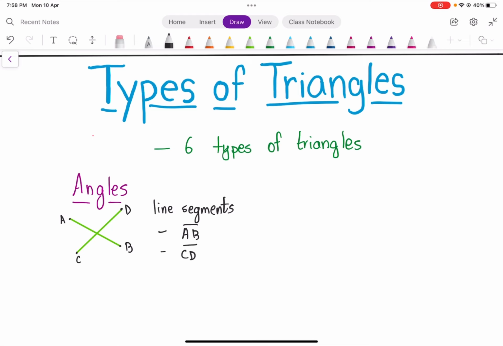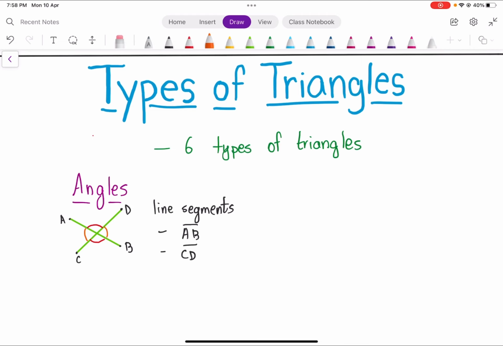Now, let's talk about angles. You see how both of these lines intersecting formed 4 angles. One between A and D and one between C and B. The other 2 are between B and D, and the last one is between A and C. Did you notice how I said between A and C, or between A and D, or D and B, or C and B?